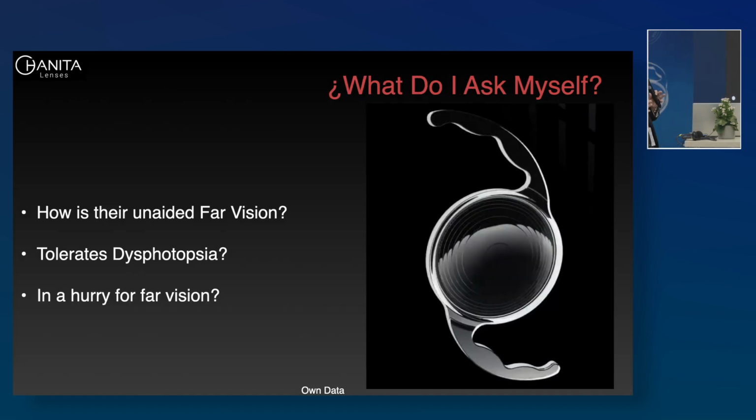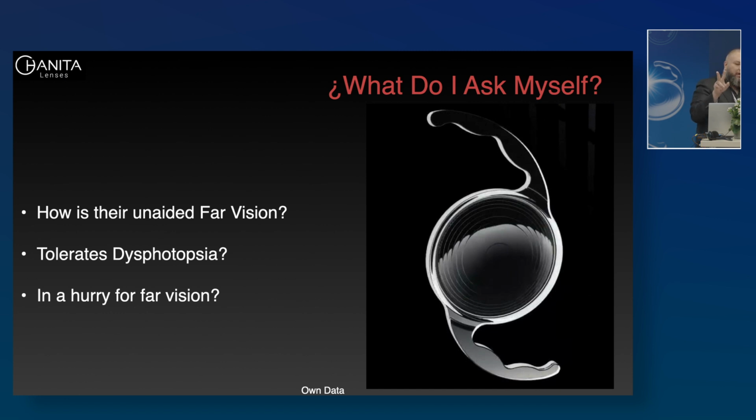Some other things that I ask myself: how is their unaided far vision? Because a little nuance of the intensity lens is that the far vision takes a couple of weeks to really settle in, to have a really good neuroadaptation. Patients at first feel much more comfortable with the near and intermediate vision.